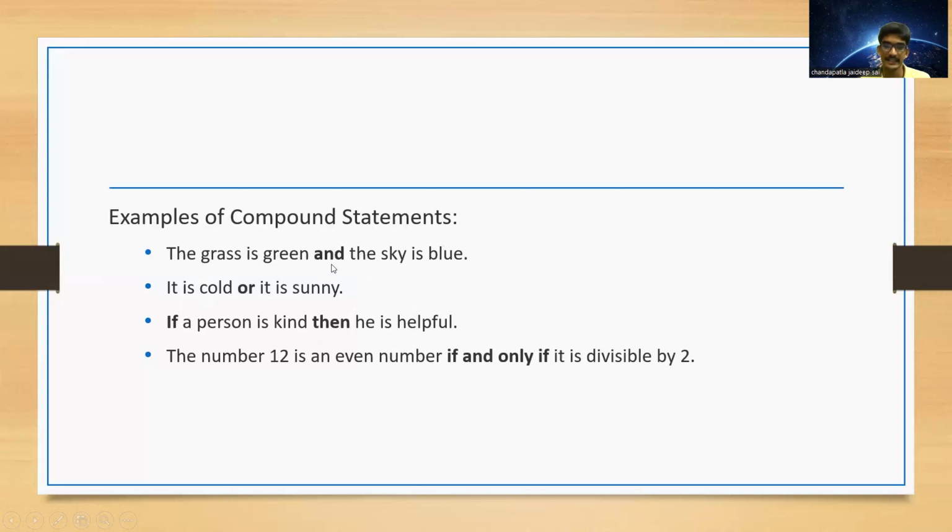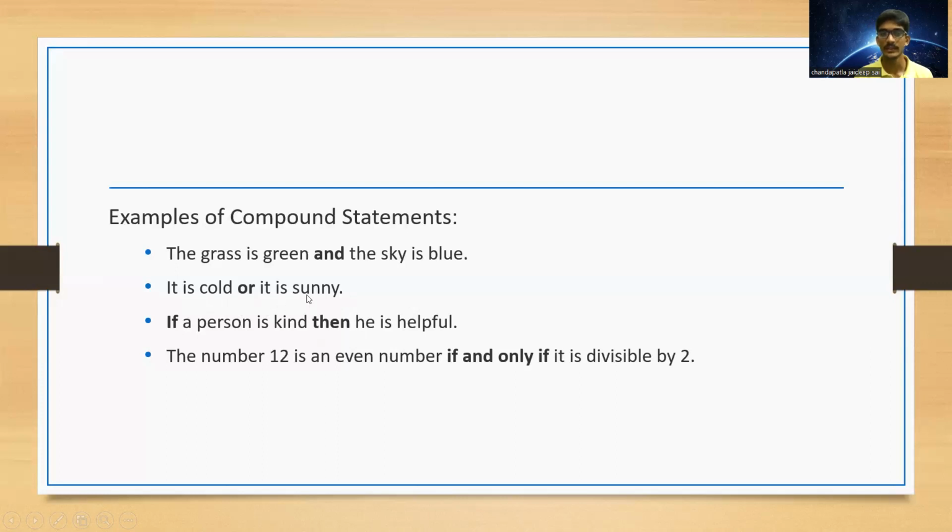Coming to the next example for compound statements: it is cold or it is sunny. Here also we can see two statements connected using the connective or. The first statement is it is cold, and the second statement is it is sunny.